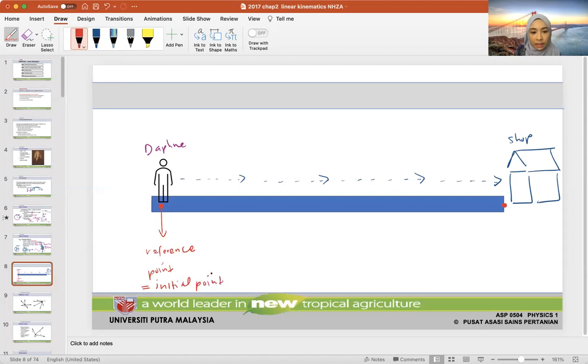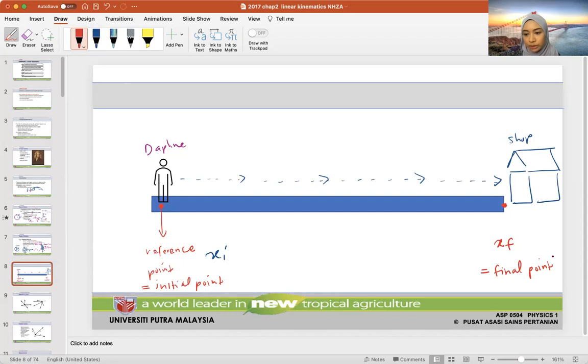Okay, and we can say that this is xi. Okay, the initial displacement ataupun the initial position. Okay, so bear with me. Please just follow along this story. And then Daphne moves, and then at this point, her displacement is x final. Okay, and this is called her final point lah.